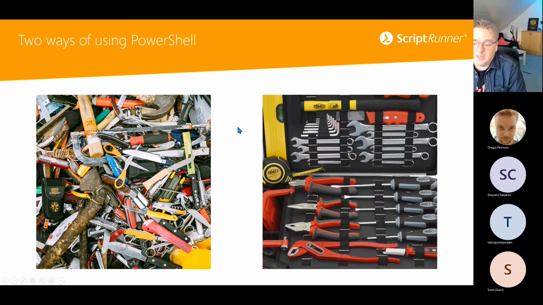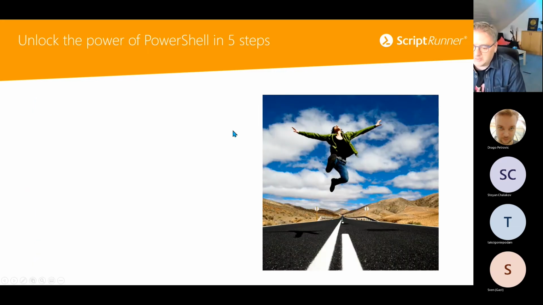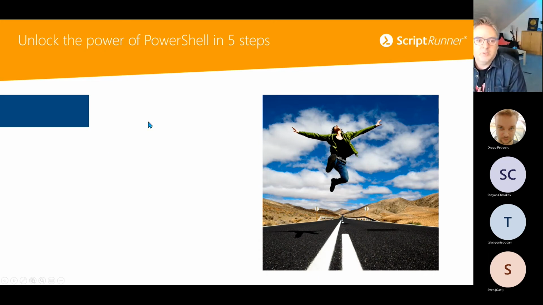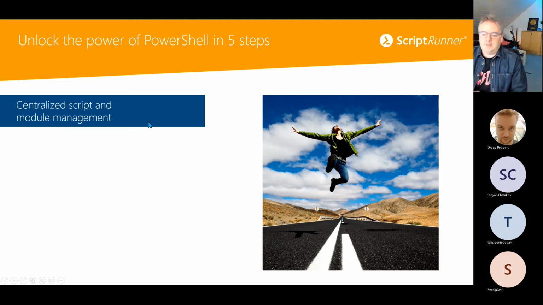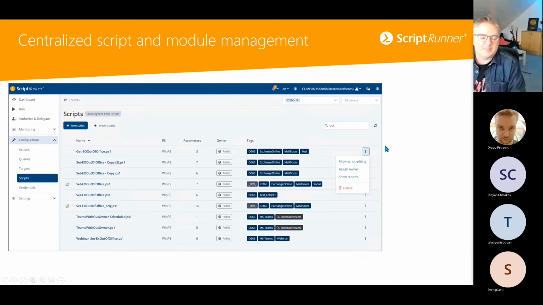Now, the way that we achieve that, and this brings us to this 5-step approach, is we start with centralizing all the scripts and modules that you might want to use, which means instead of having these scripts and modules decentralized, stored wherever they are, there is a centralized portal where you have, as a ScriptRunner admin, access to the scripts.